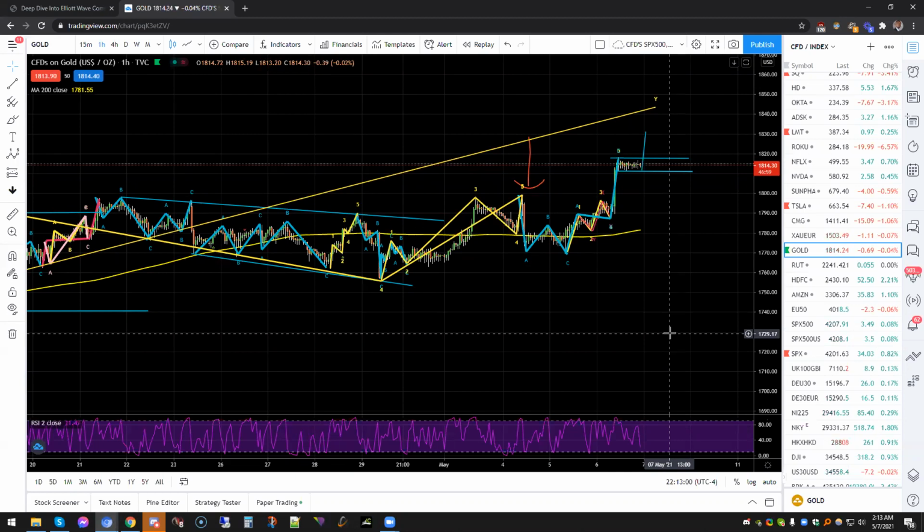In Forex as well, finding five-wave moves is not necessarily very easy, but you will find a lot of three-wave moves, even if these three-wave moves may have a wave A that is a five-wave move or a wave C that is a five-wave move. Typically you're going to find a lot of three-wave moves in Forex and on gold.